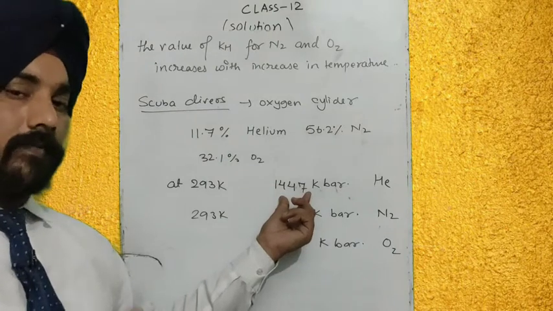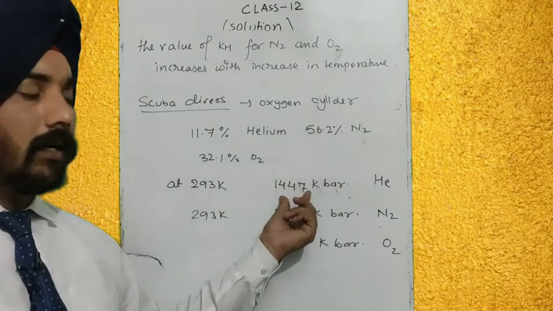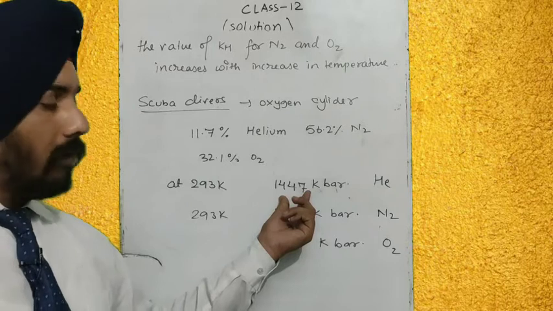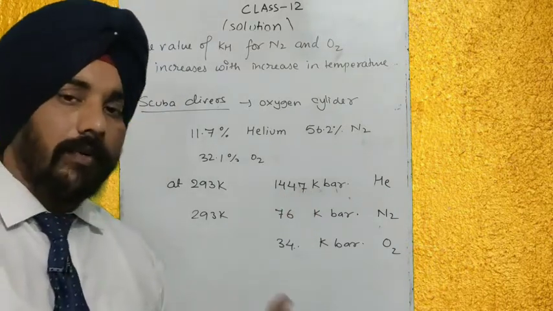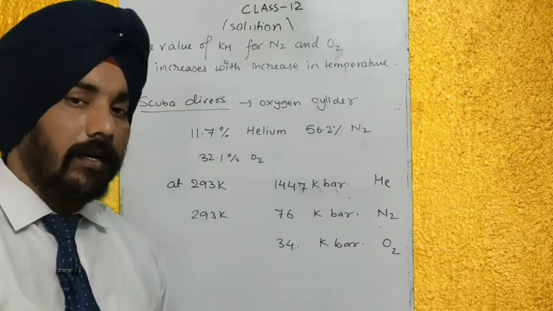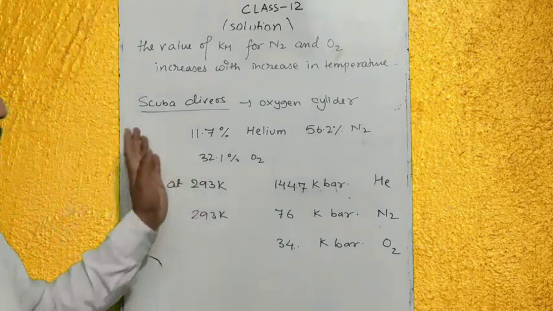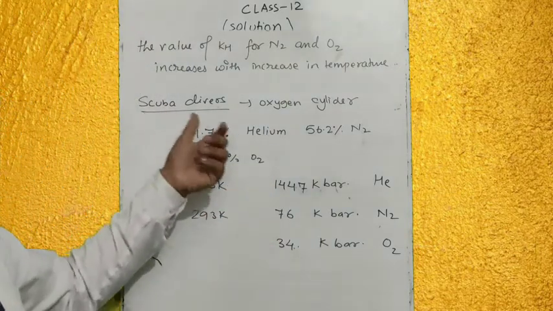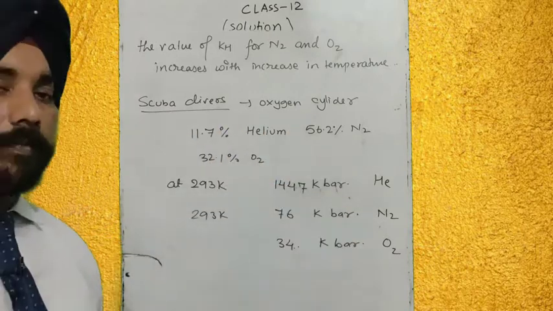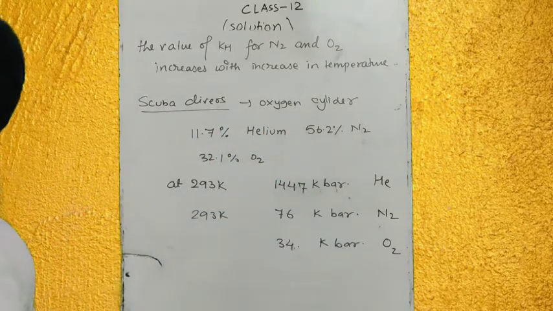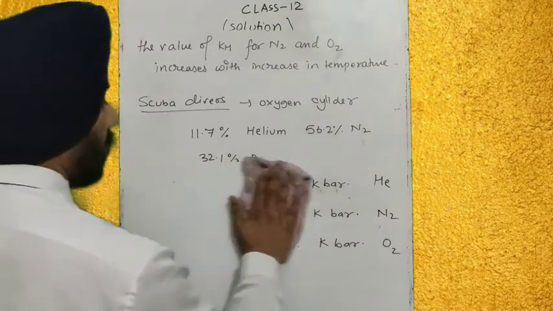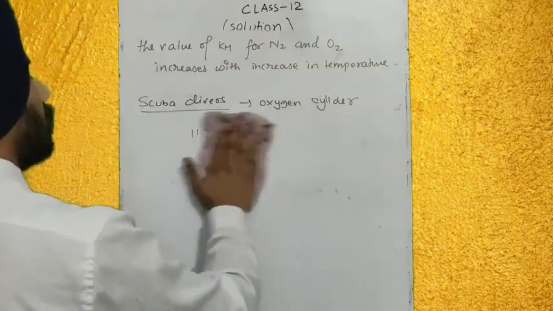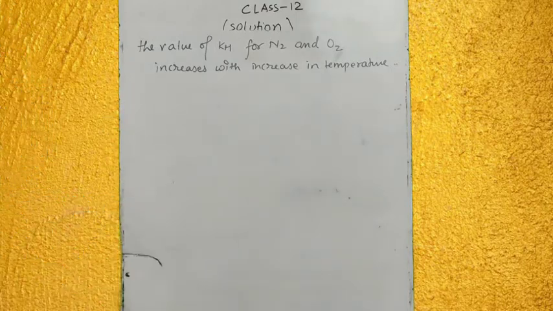That means helium is very less soluble in the blood. Okay, when it is very less soluble in the blood, it will not come out when the pressure is released. So to avoid the condition of bends, the scuba diver cylinder carries this percentage of nitrogen, helium and oxygen.